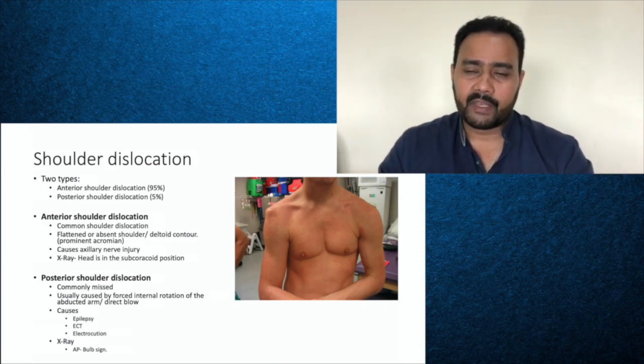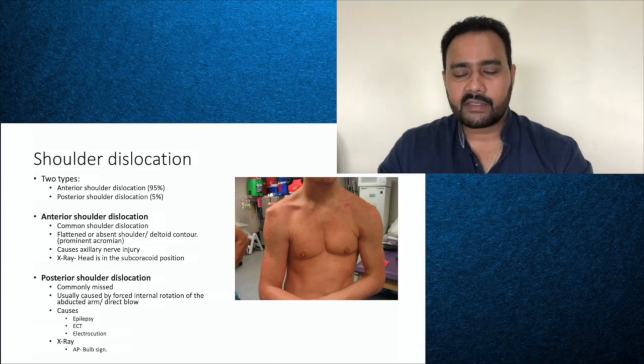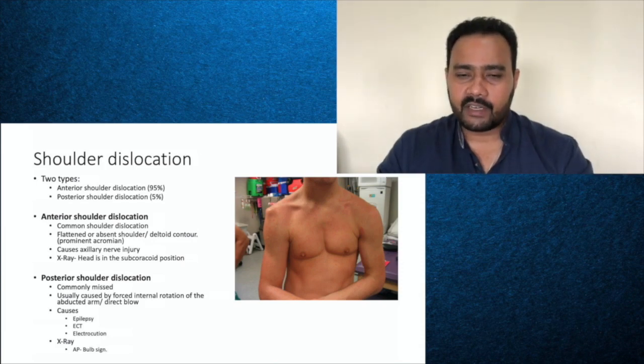And you know, the axillary nerve winds around the surgical neck of the humerus. Everybody knows the humerus has an anatomical neck as well as a surgical neck, and the axillary nerve goes around the surgical neck. So, whenever there is a dislocation, the axillary nerve also can be affected. Then they will have a sensory loss over the regimental badge area.